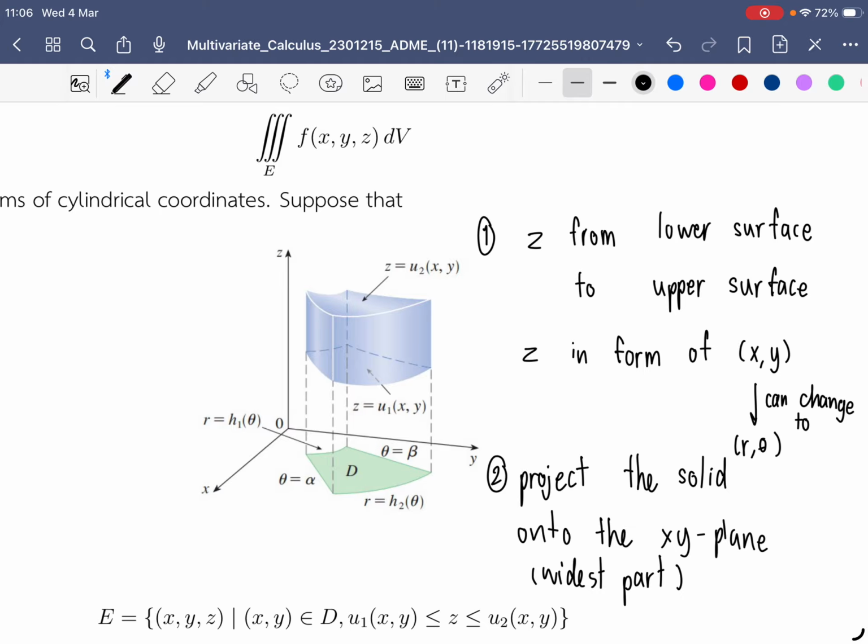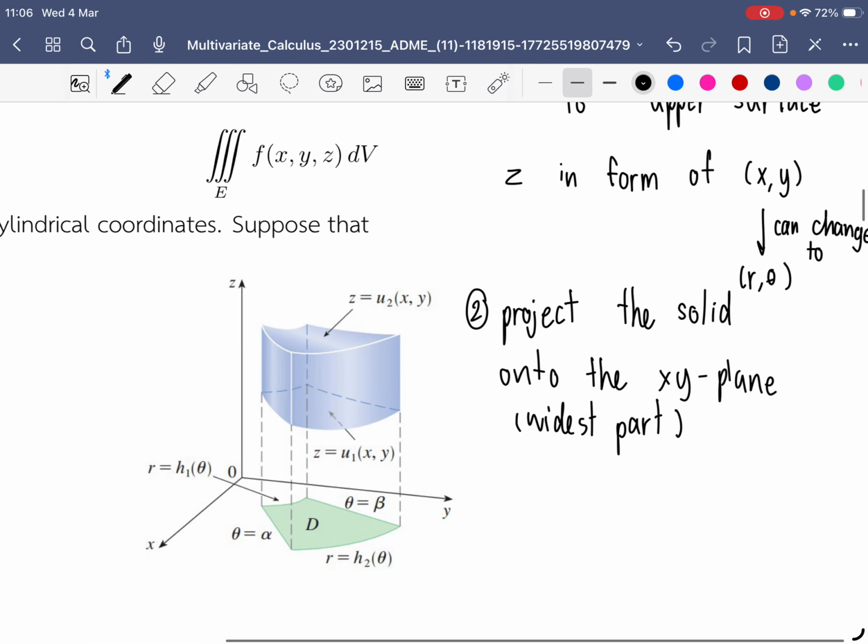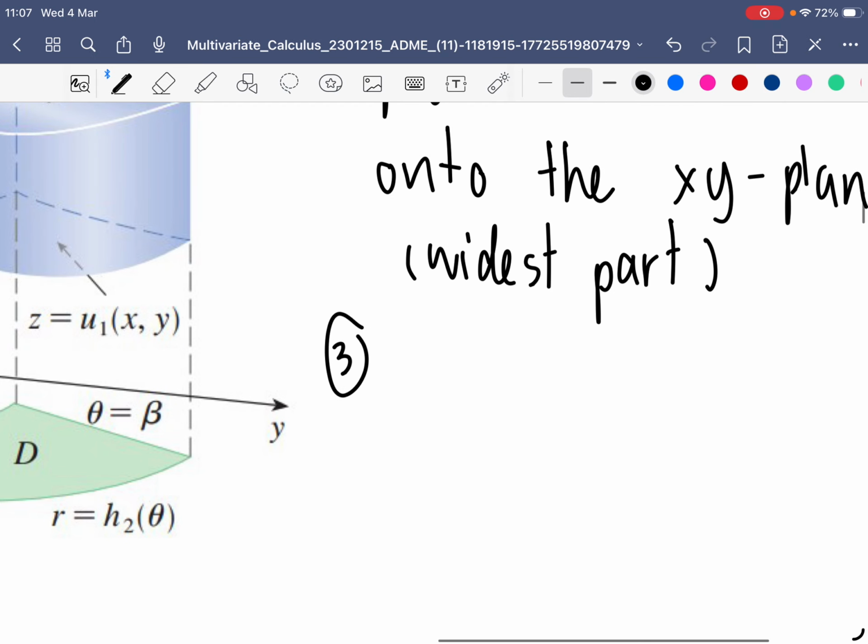Once you project the solid onto the xy plane, you are going to change that projection, which is now in 2D, from xy to r and theta. This is how you generally determine the domain of integration when you change the usual triple integral to the cylindrical one.